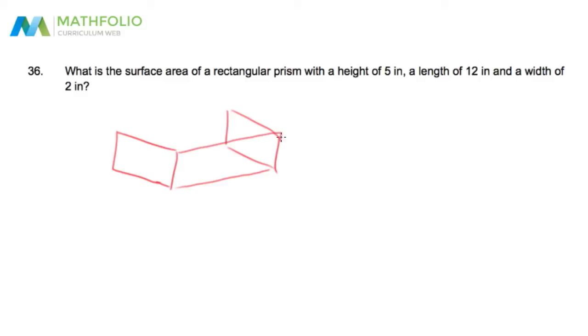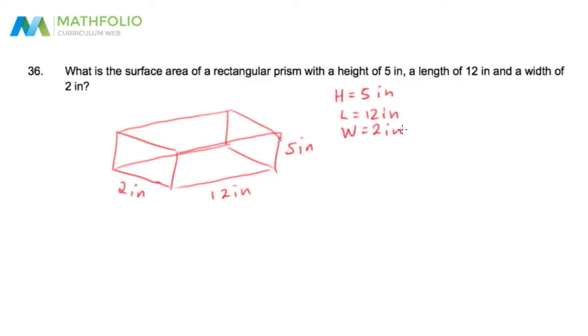So just go top right to top right, bottom left to bottom left, and then we can't go wrong. We're told that the height is 5 inches, the length is 12 inches, and the width is 2 inches. Or we could just write it like height equals 5 inches, length equals 12 inches, and the width equals 2 inches.